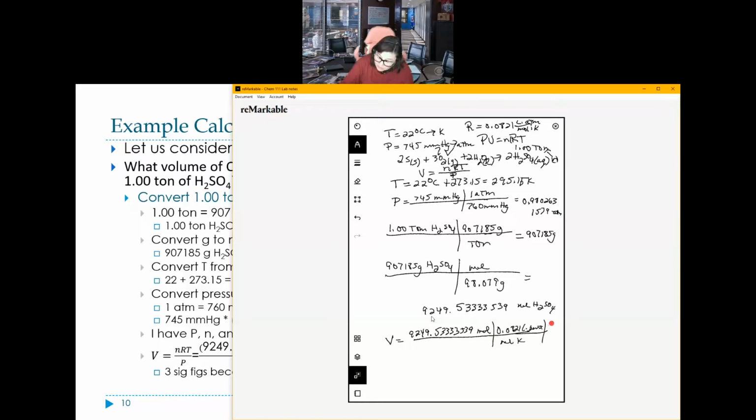Temperature is, where did I write it down? 295.15 Kelvin. Kelvin cancels with Kelvin, mole cancels with mole. I want liters, so I need to have that atmospheres in there. And that was 0.980263 atm.